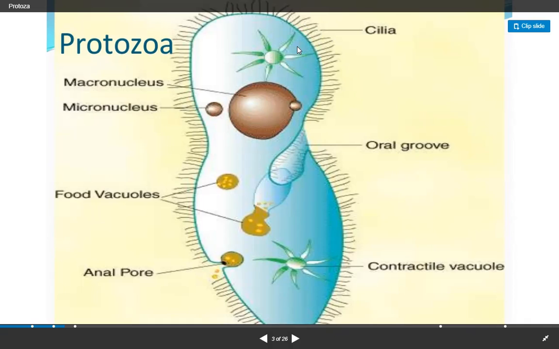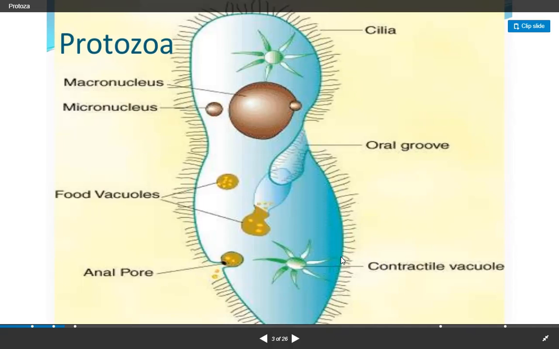These hair-like structures are called cilia, and this is an oral groove, from where food enters their body, and this is a contractile vacuole, a digestive vacuole.